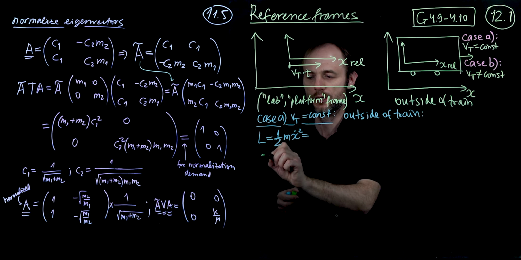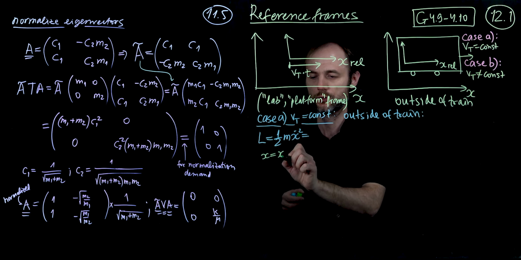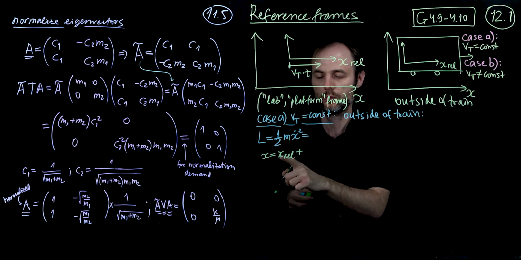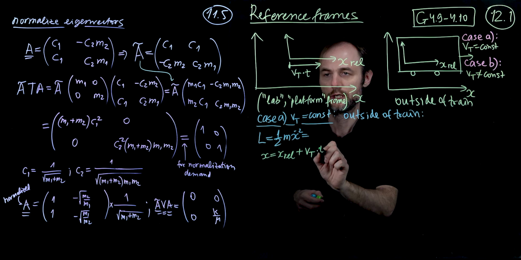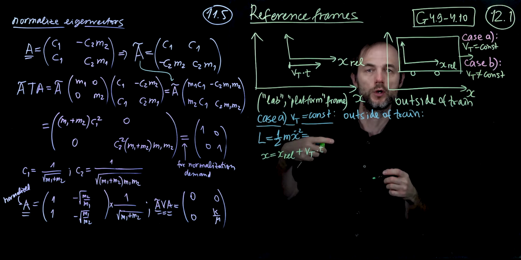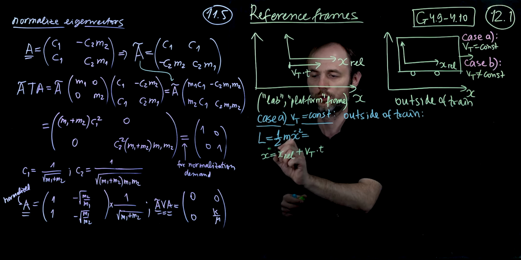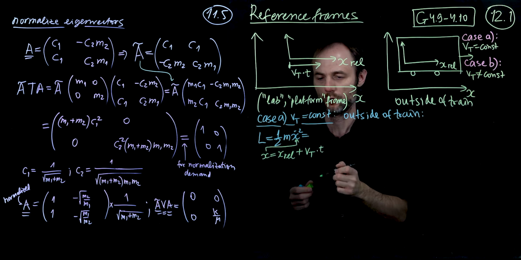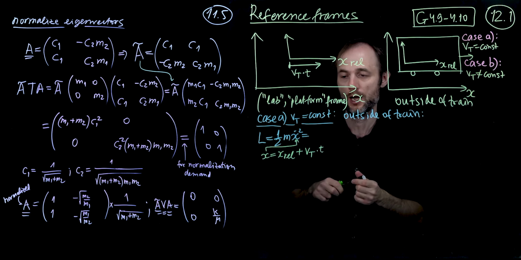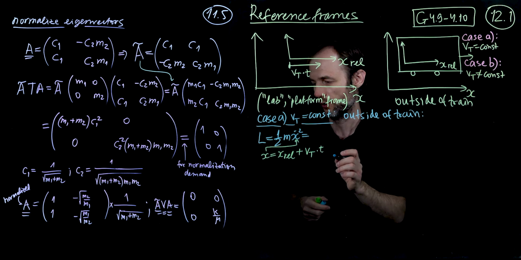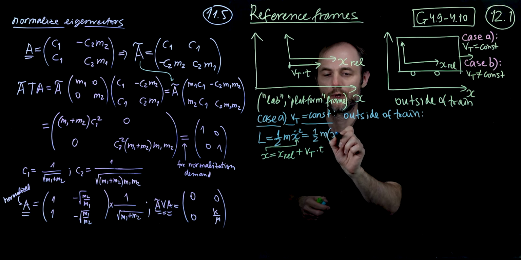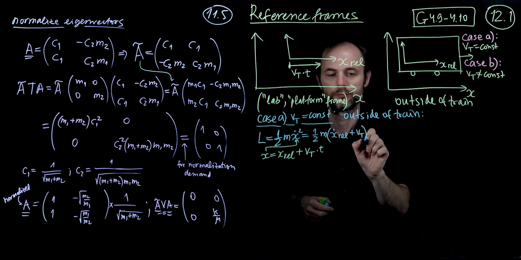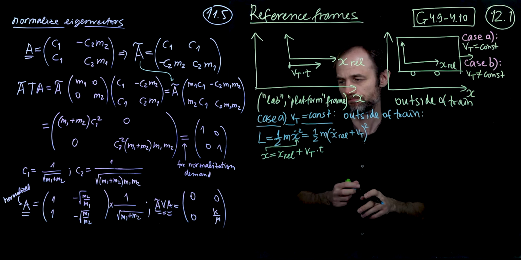Well, we can write down what x is in terms of xrel, and it will be xrel plus vt times t, right? That's exactly how we're going to translate between the two coordinate systems. We're going to plug that in to x, and our Lagrangian will look like 1/2 m (xrel dot plus vt) squared.